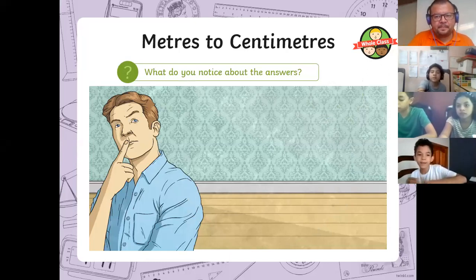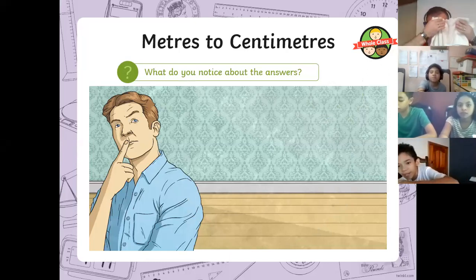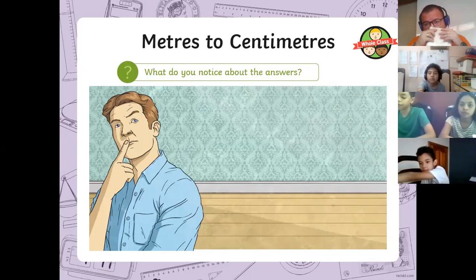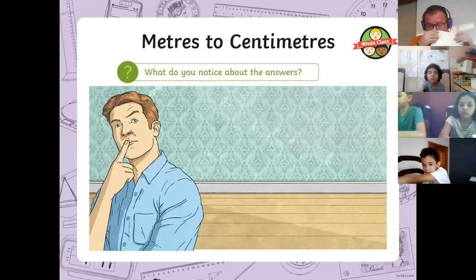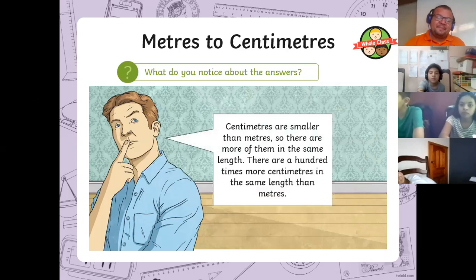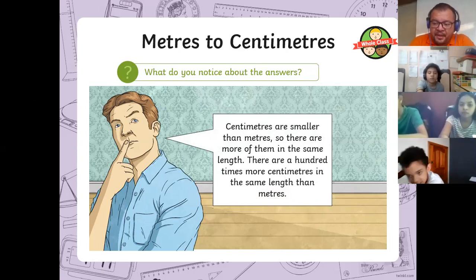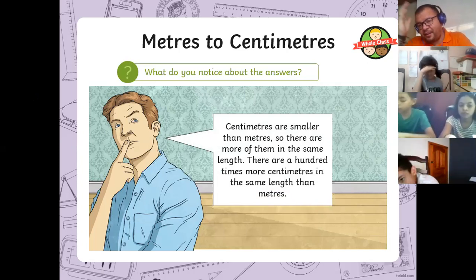That the meters are just multiplied times 100 to get the centimeters. Centimeters are smaller than meters, so there are more of them in the same length. There are 100 times more centimeters in the same length than meters. That is the thing.